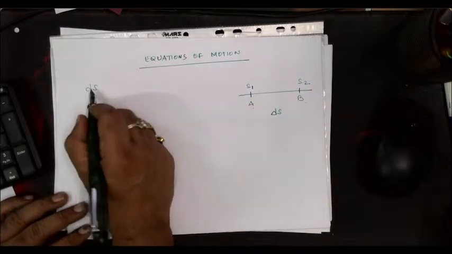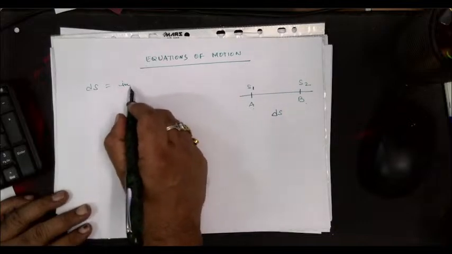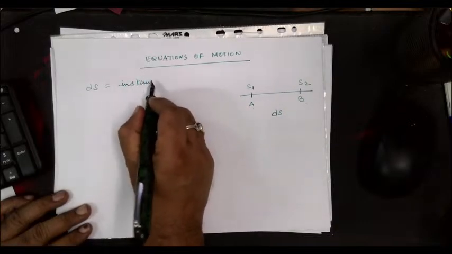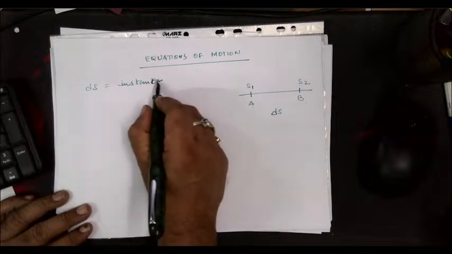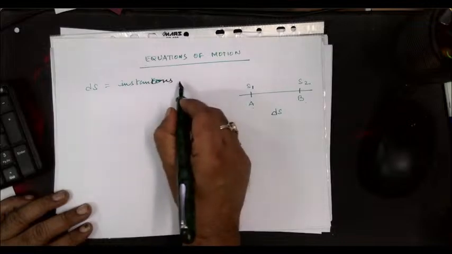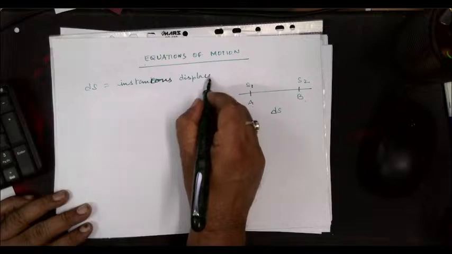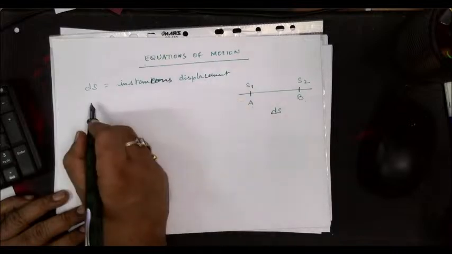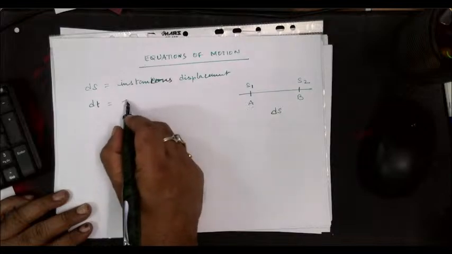So ds means the displacement element or instantaneous displacement, and that occurs in short interval of time.